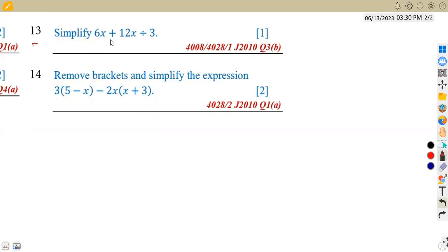Simplify 6x plus 12x divided. Note, guys, how your questions are given. So this is 6x plus 12x divided by 3, like this. What does this part remind us of? The first thing is that we are given a plus divided by the same expression, it's the body mass, guys.